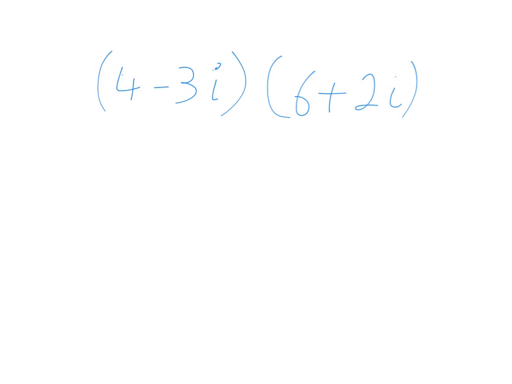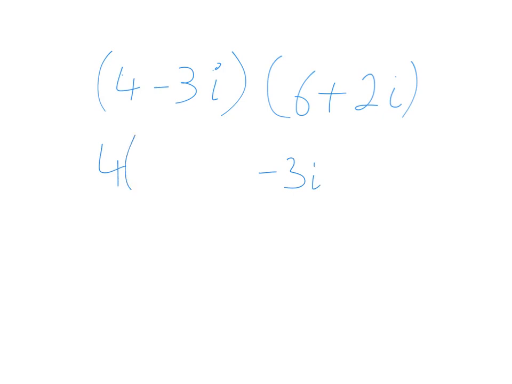So the method here will look very familiar. The only thing you really need to watch out for is when you multiply an i term by an i term, you're going to end up with an i squared. So just follow along. I'm going to try and highlight things in the correct color as we go through. So we're going to split up the first bracket into 4 and minus 3i.